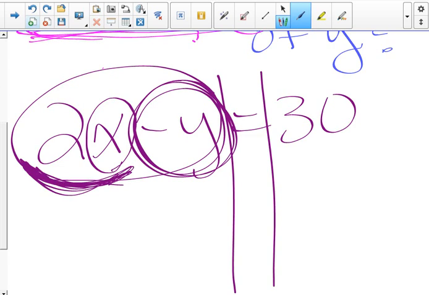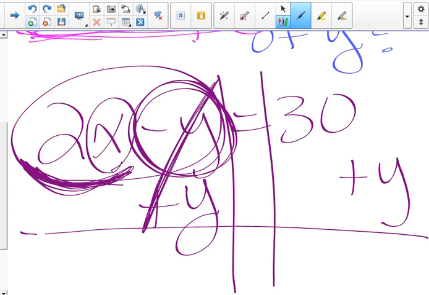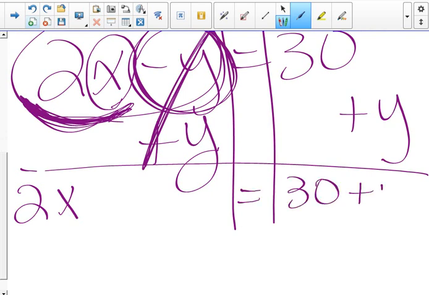So I'm going to get rid of my tag-along friend, Mr. Y. So the opposite of subtracting y is to do what? So let's add y to get rid of him. And if I do it to that side, I must do it to this side. All right? So now that's done. He's gone. Now let's just carry everything down. 2x equals, and I'm going to do 30 plus y.